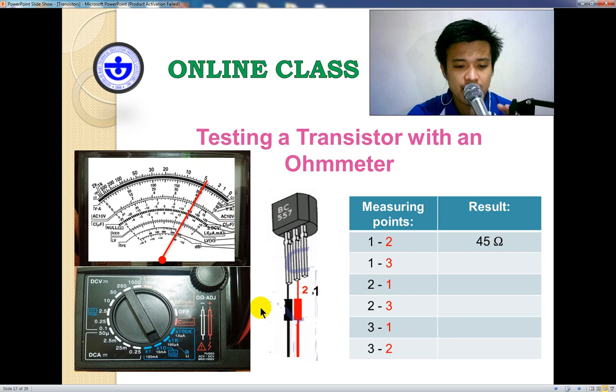Of course, before testing, it depends on how you do it in your daily practice, but based on my practice, I set up my multimeter to times 10, just the same as what you can see here. And after setting your multimeter to ohmmeter times 10, you need to set the needle pointer exactly on 0, so it should be at 0 ohm.